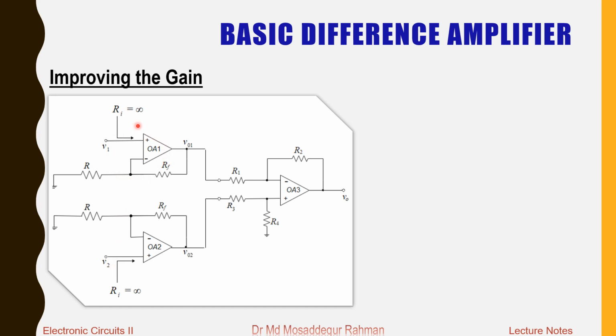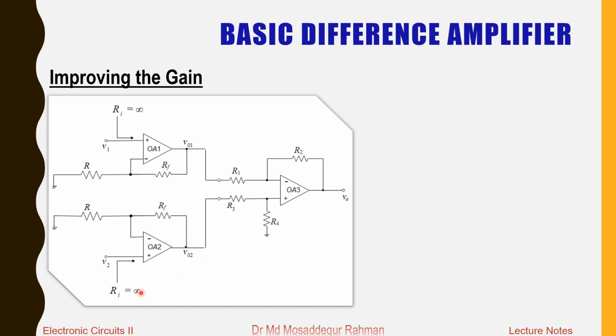So now these non-inverting amplifiers will add a gain. So the voltage here, V01, will be an amplified form of V1, as well as V02 will be an amplified form of V2.